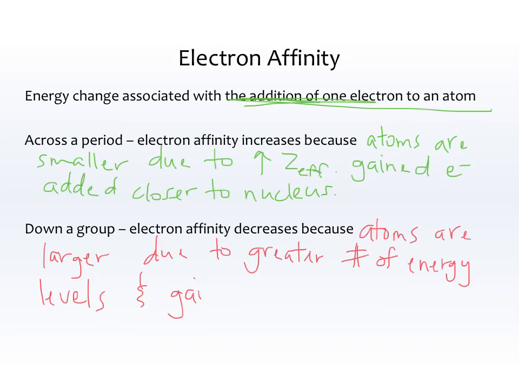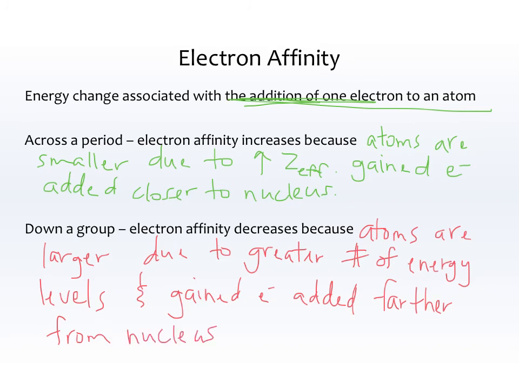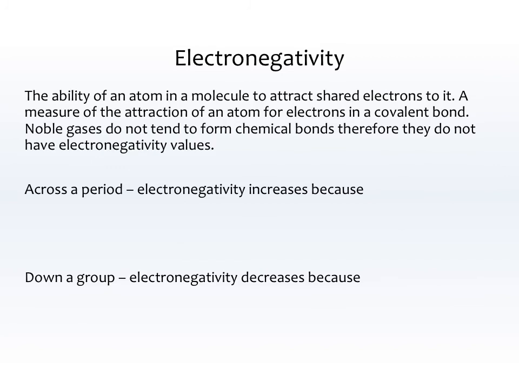And gained electrons would be added farther from the nucleus. So it's not as attractive to gain an electron for a larger atom than it is to gain an electron for a smaller atom. And our last trend is electronegativity.